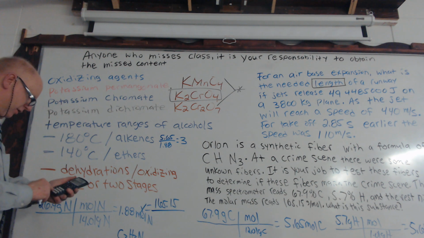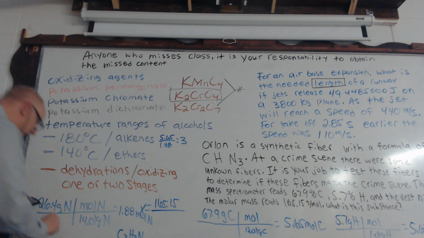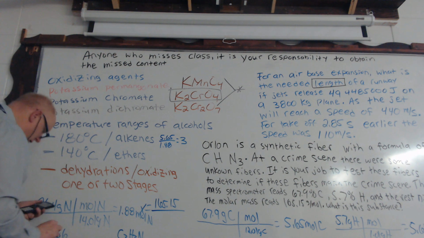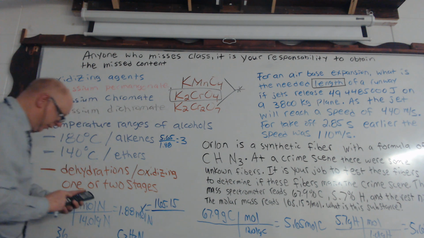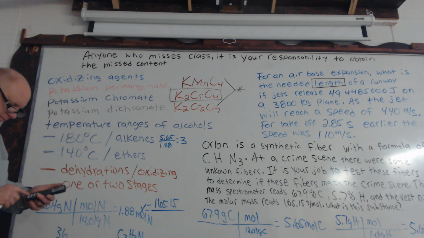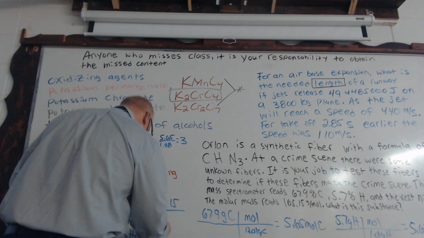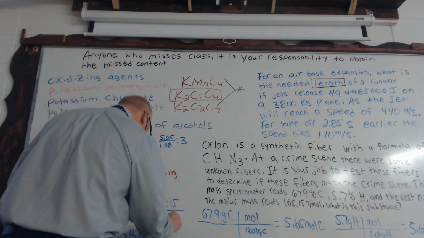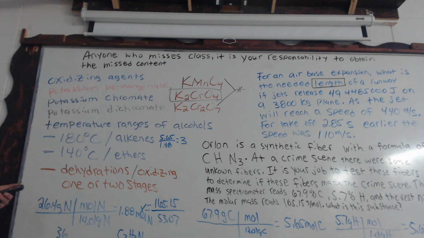So 12.01 times 3 gives you 36, and then plus 3.03, then plus your nitrogen, 14.01, that gives you 53.07. So once we divide that into there, you would get 3 again.